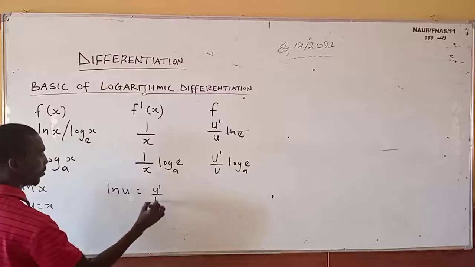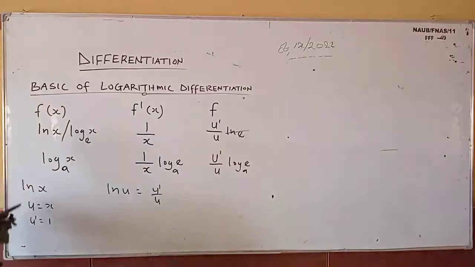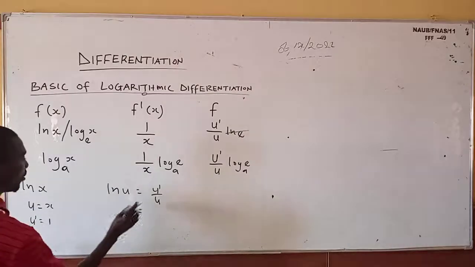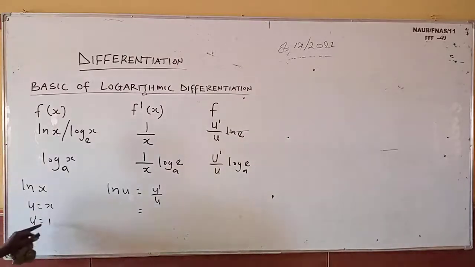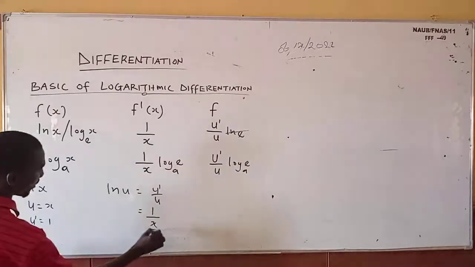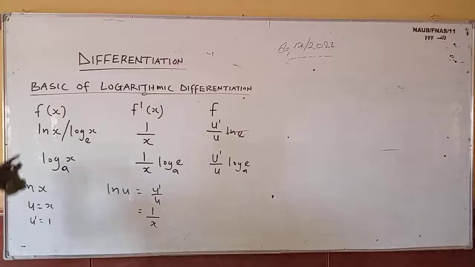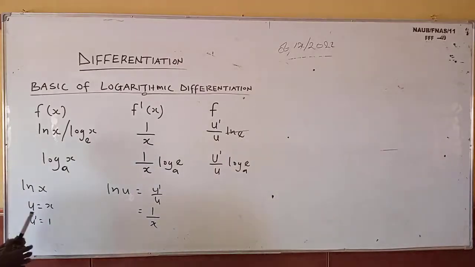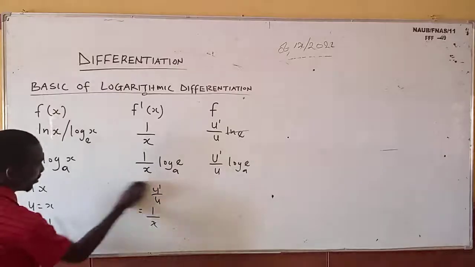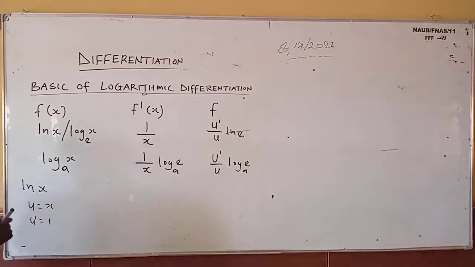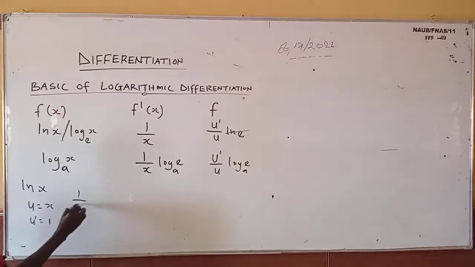Formula u prime over u. So now you want to differentiate. We already say u is s, u prime is 1. So u prime over u, our u is s. That's why you see, if you differentiate ln s, you are going to have 1 over s. Please don't let this confuse you. Just know the formula. You get that? So u prime over u, that is 1 over s.